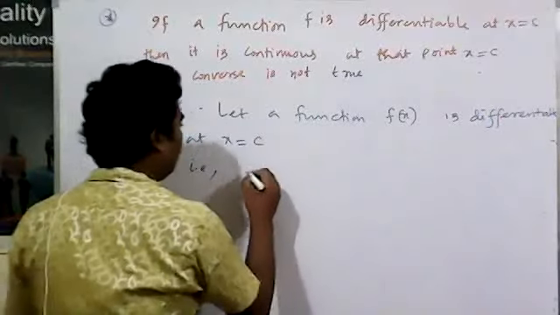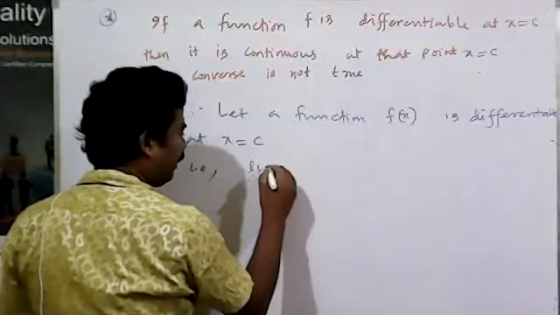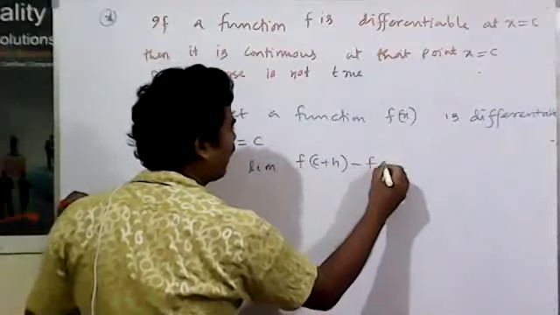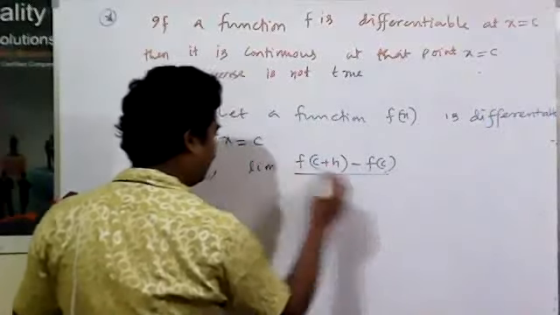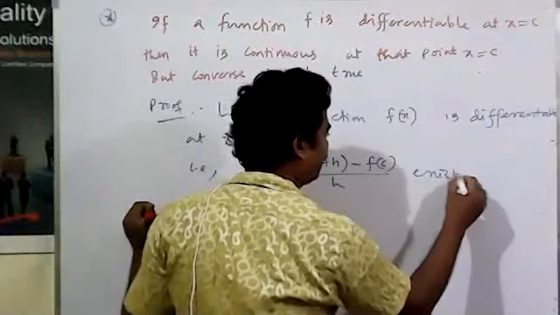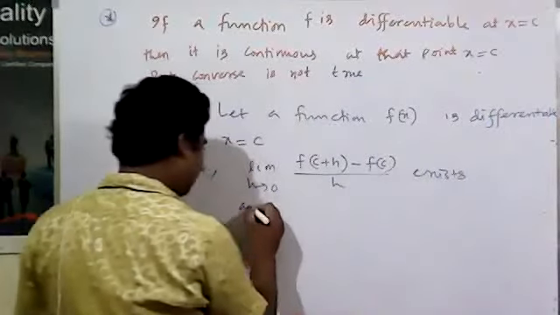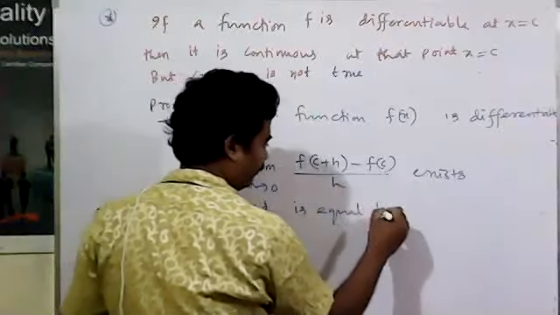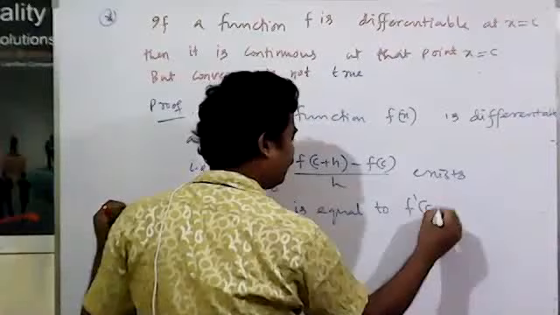That means the limit of f(c plus h) minus f(c) by h as h tends to 0 exists, and it is equal to f dash c.